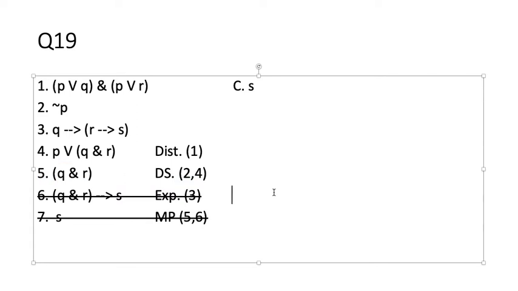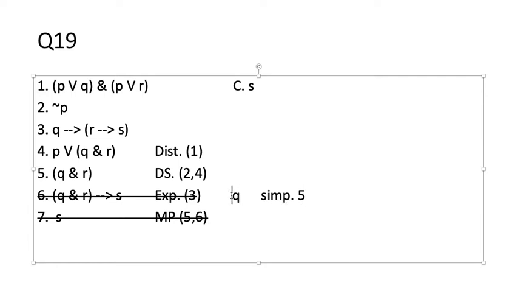At this point, I could have just said, okay, Q via simplification on line 5. Oh, actually, this wouldn't work.